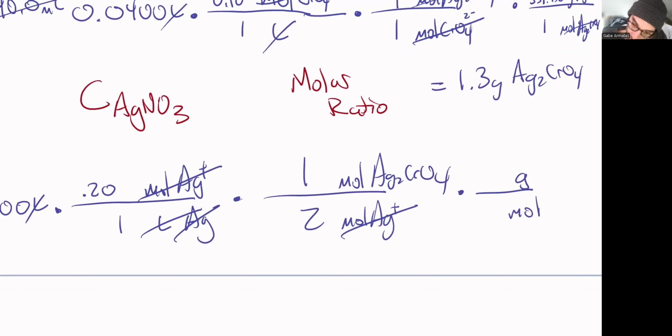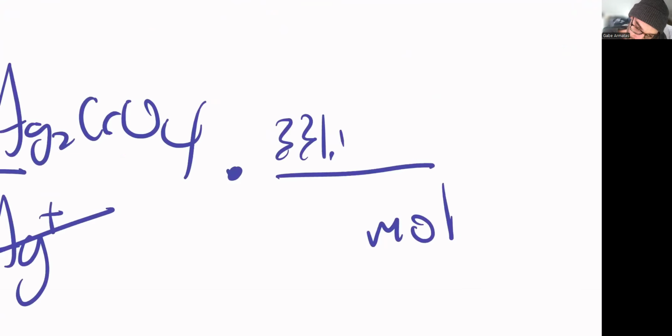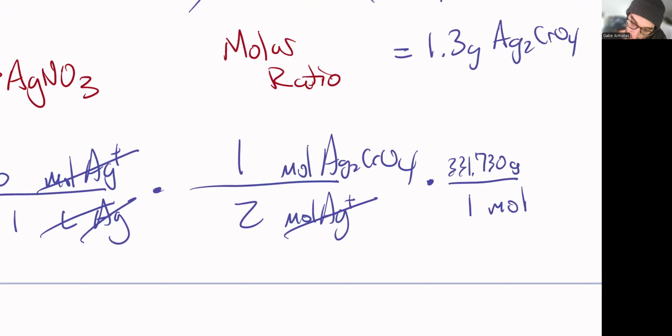So for every 331.730 grams per 1 mole, moles cancel, and I'm left with grams.